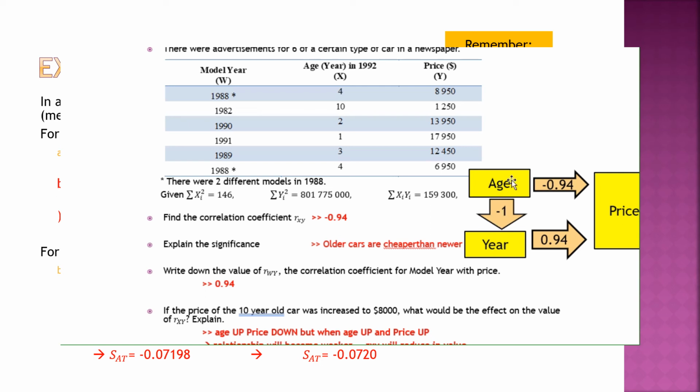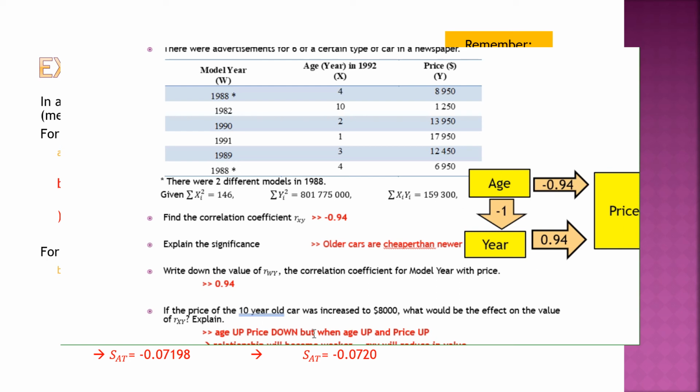It is a perfect negative, because as the year increases, the age will decrease. One up, one down, -1. Because there is a perfect relationship between these two, it will still be 0.84. Only the sign you need to check. So as the year increases, what will happen to the price? It will also increase. It will be 0.84. Okay?